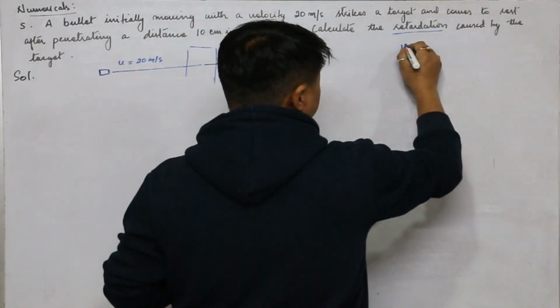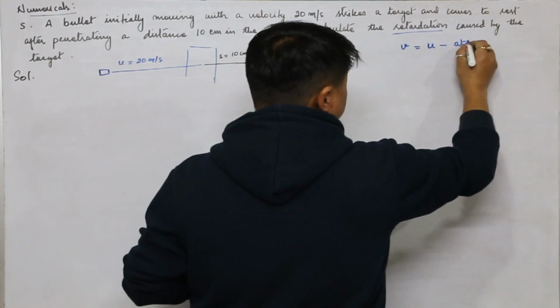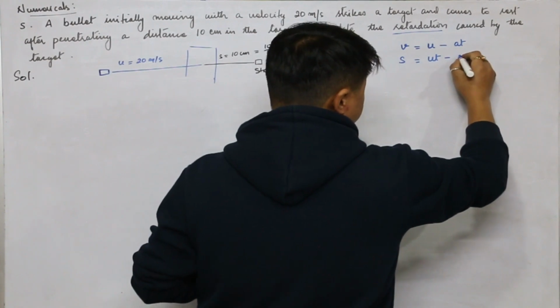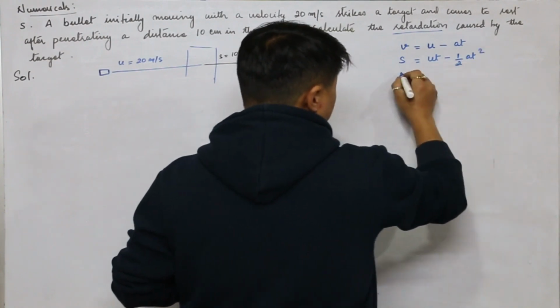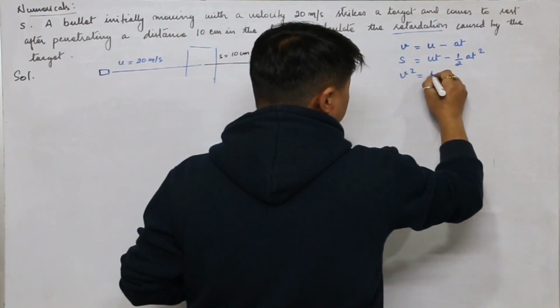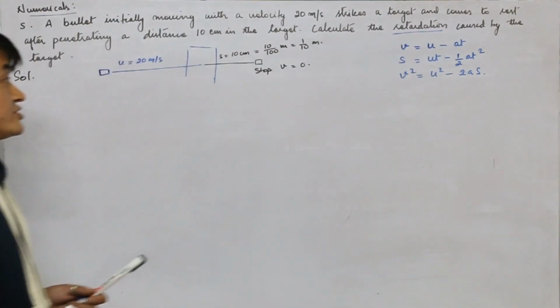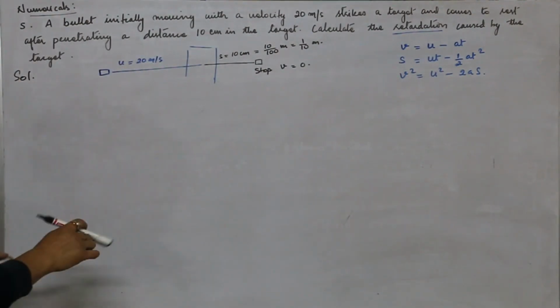So our formulas will be V is equal to U minus AT, S is equal to UT minus half AT square, and V square is equal to U square minus 2AS. Since this is retardation, we are writing the minus values. Okay, so first we write the given.